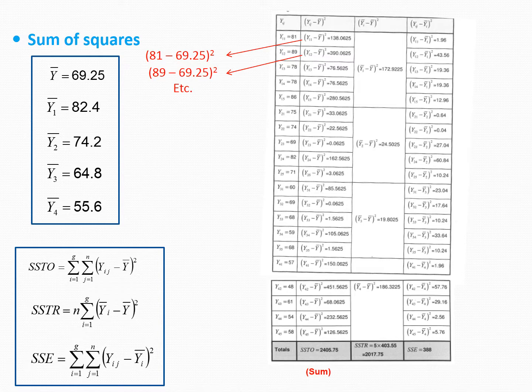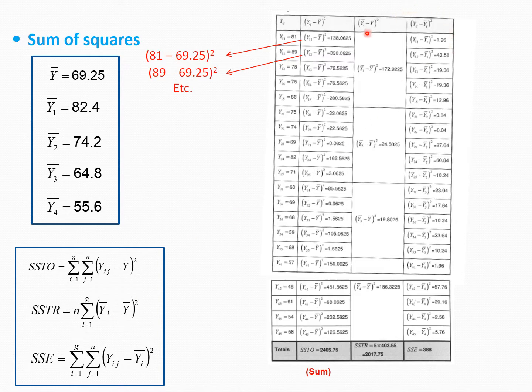So for each and every observation, you need to subtract the overall mean from that, you square that value, and if you sum that column, you will get your total sum of squares. The third column looks at the treatment sum of squares. So if you go back to the formula, we get the difference between the individual group mean and your overall mean first of all.